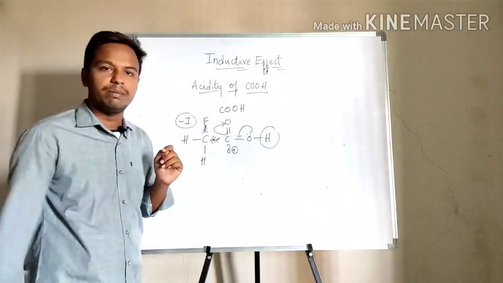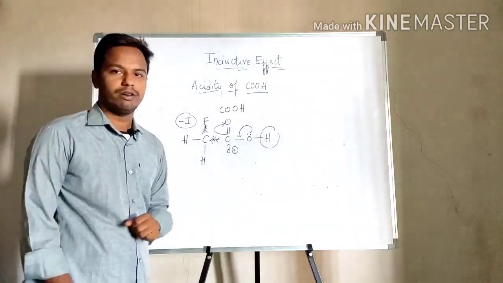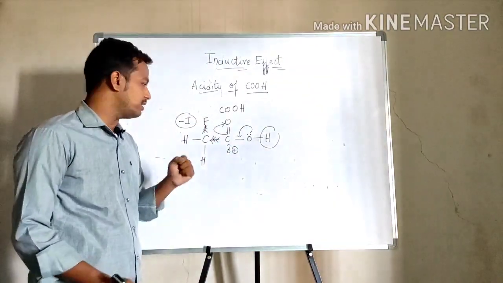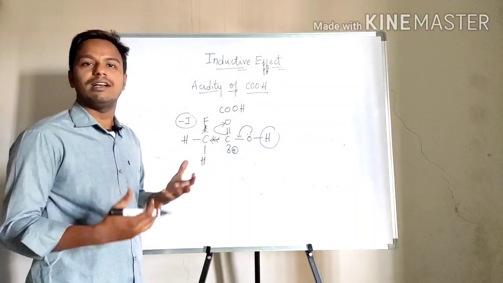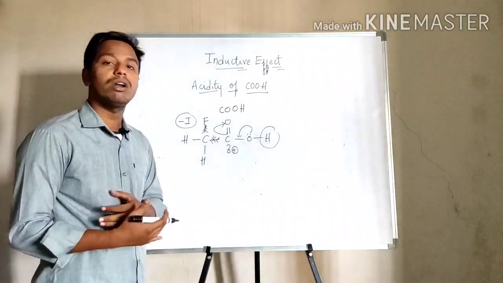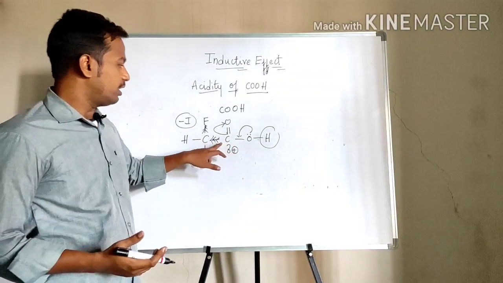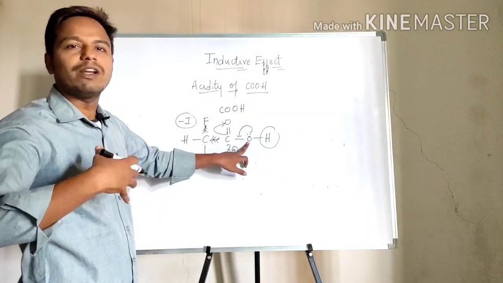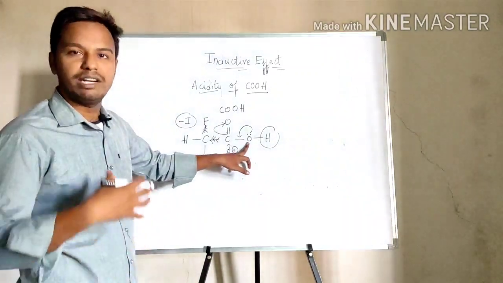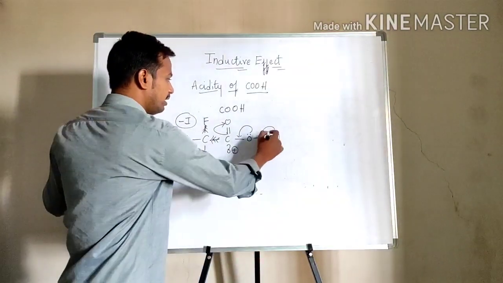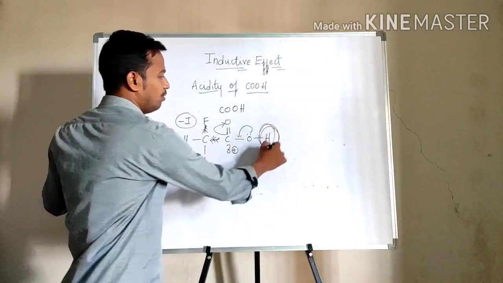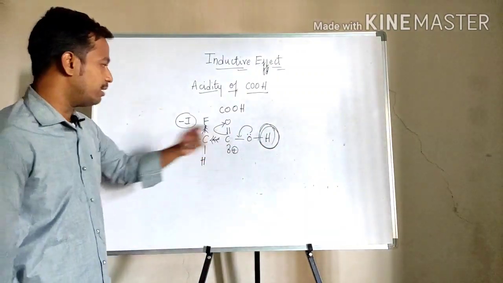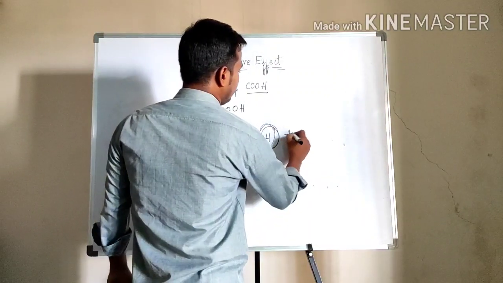It will pull the shared pair electrons, that is C-C bond electrons, towards itself. That makes this carbon atom more electron deficient. If it is more positively charged, the oxygen atom will definitely donate more effectively, making this hydrogen atom more free to liberate, thereby acidity is increased.